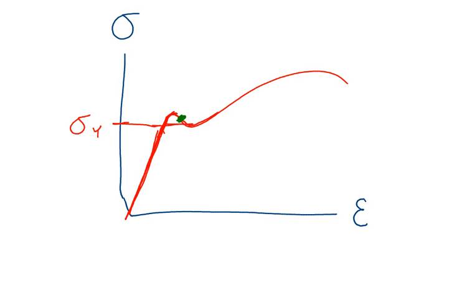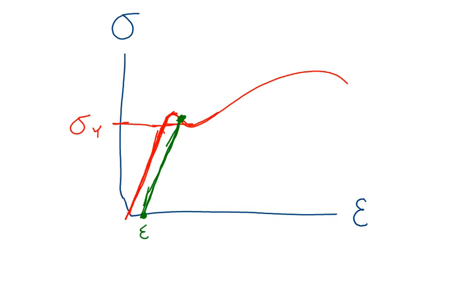And how much permanent deformation it has, I could determine by simply drawing from this point where I release my load a line that's parallel to the linear portion. And where this line crosses the strain axis or the x-axis, the amount of strain there is the amount of permanent deformation that I have.